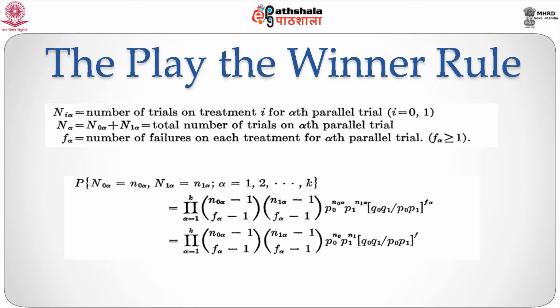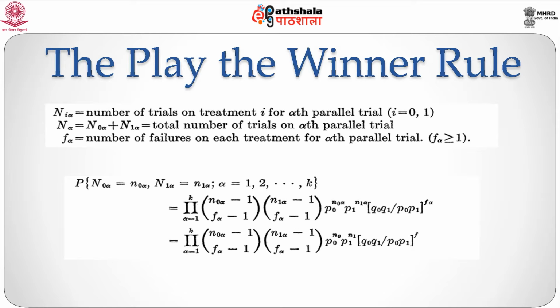Now, in situations where a PWR allocation is not possible, that is, if all the known outcomes have already generated assignment to a treatment, then we can use a non-PWR rule. So one is to choose the treatment with probability half, or to choose the treatment so that the non-PWR assignments have an equal number on both treatments.